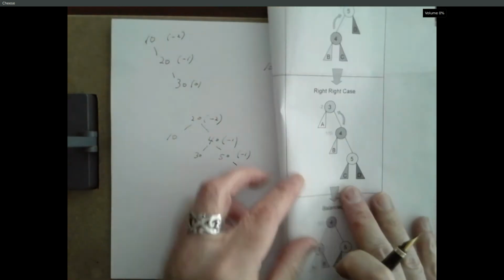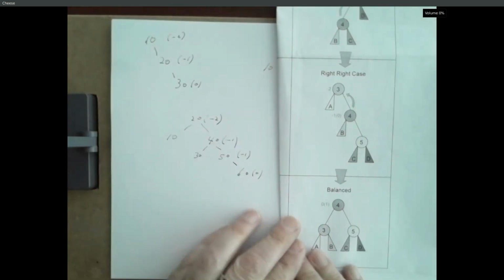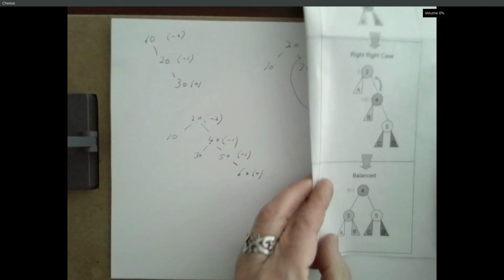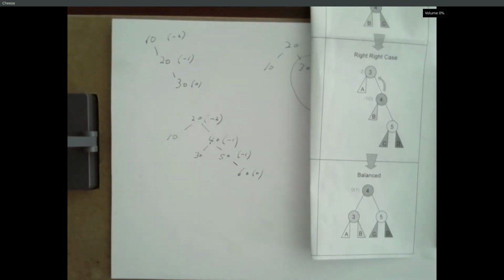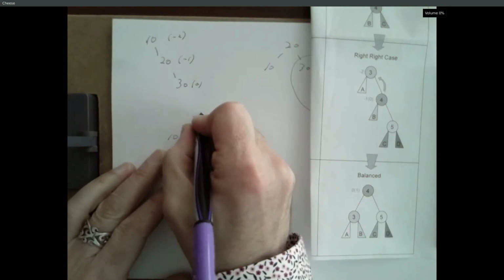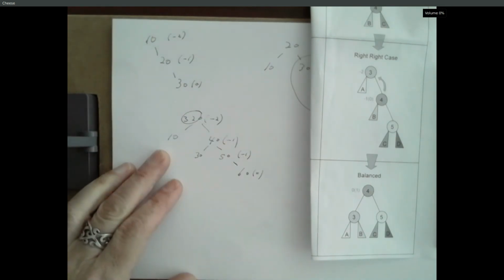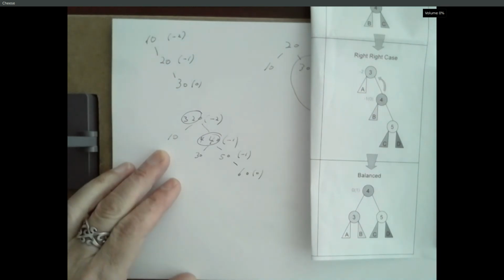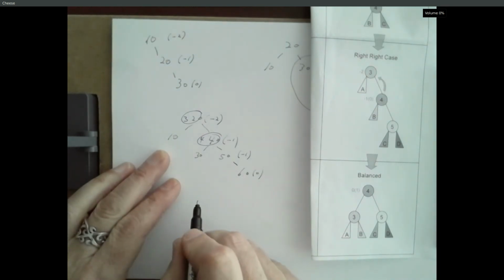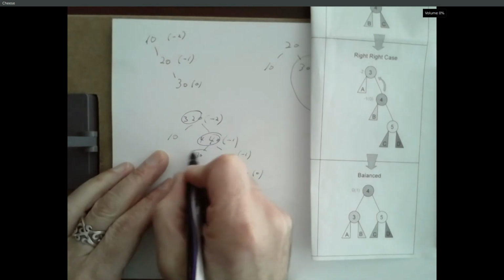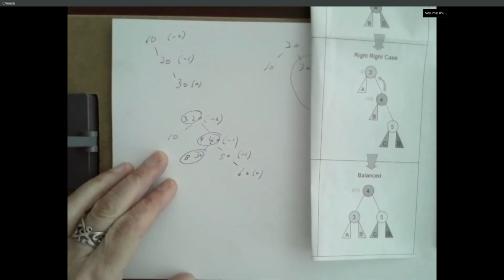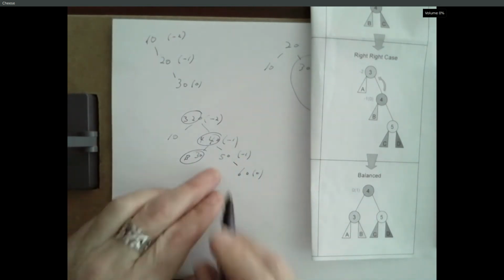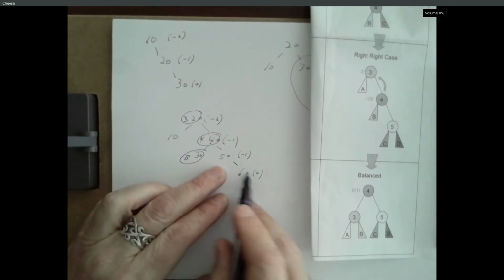And so now we gotta be a little more careful. So we're still in this right case. So this is node 3. This is node 4. Node 5 will be unchanged, and this is subtree B. Okay, so node 5 is going to stay the same. Its children are going to stay the same.